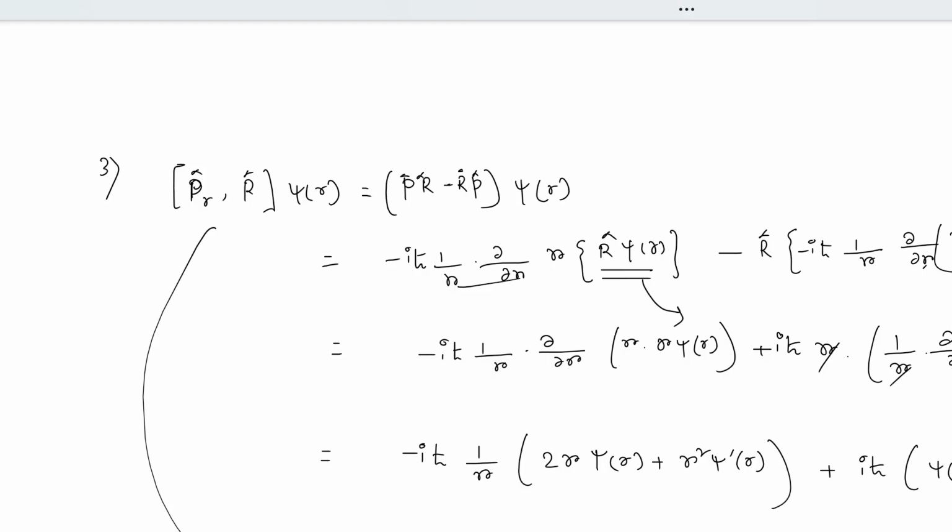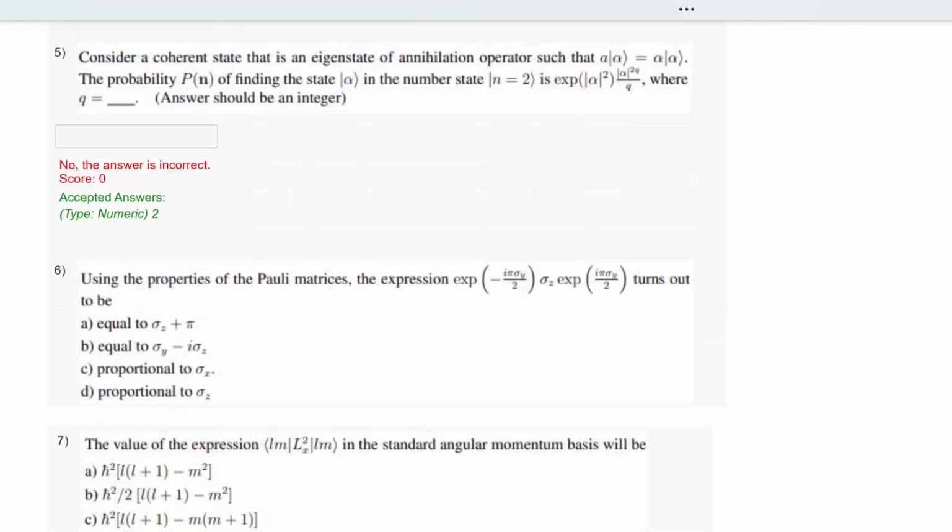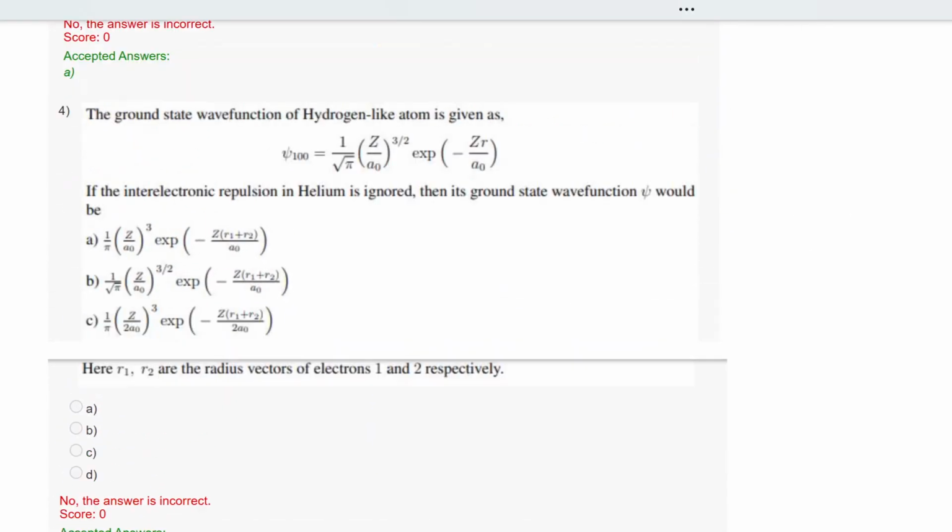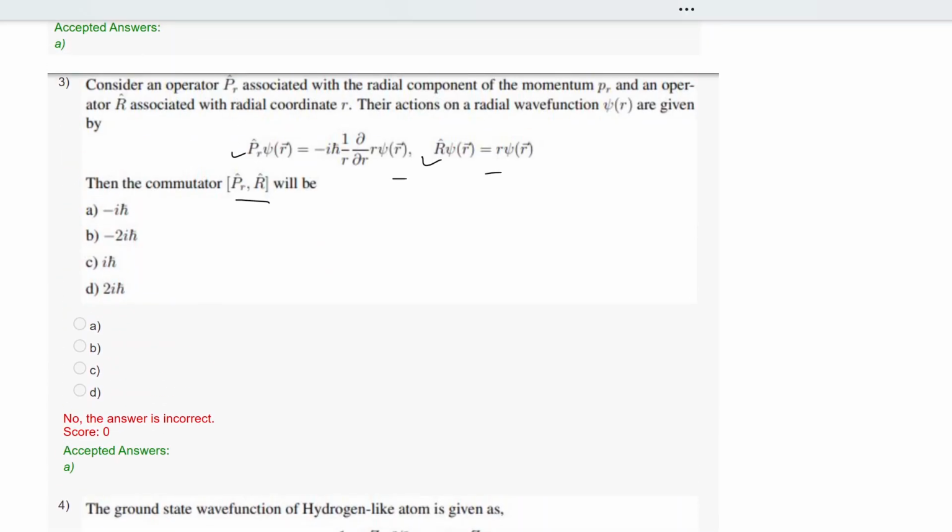So the answer is minus iħ. So the answer will be option number A, minus iħ.